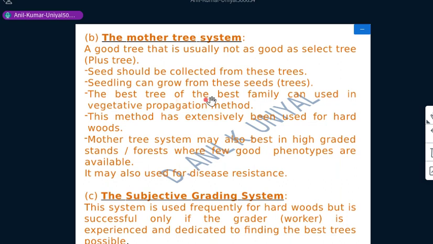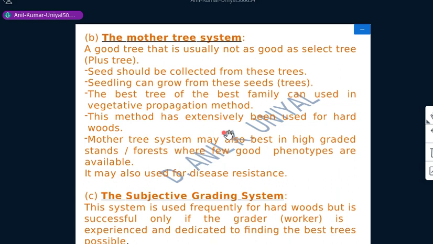Best tree of best family means, suppose you are selecting 10 trees under this system, and those trees have their progenies, seeds, that are under trial, and any of the offspring that is performing best from any of those trees will be used for vegetative propagation method.